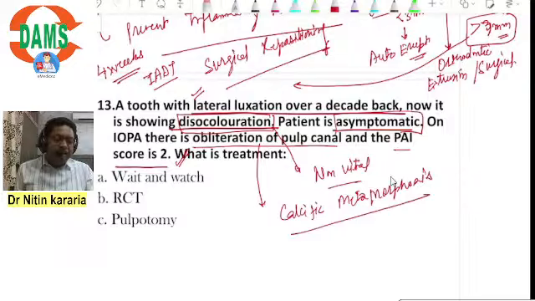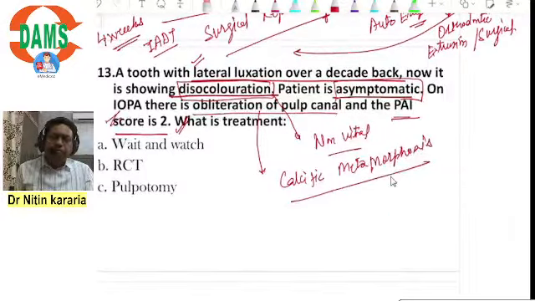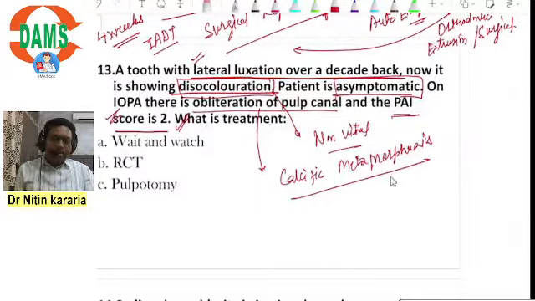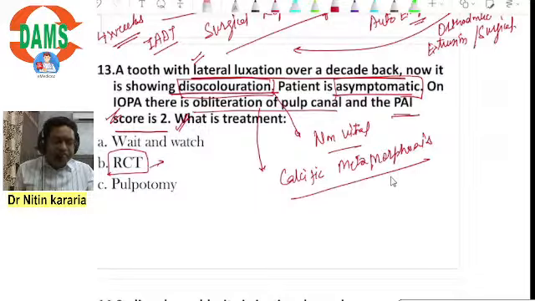The periapical index score is 2. Okay, what is the treatment? We have to wait and watch, do root canal or do pulpotomy. See, when the obliteration of the pulp canal is there, doing a root canal treatment can be a difficult job for this case. Since the patient is asymptomatic and periapical index score is 2, there is a mild form of pathology. A score of 0 means healthy periapex.